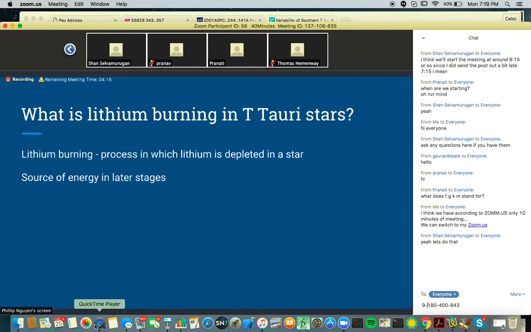So lithium is brought from the surface down to regions close to the core where the temperature is high, and then lithium is depleted. After several millions of years or hundreds of thousands of years, depending on which stage we are looking at, the lithium in the surface is depleted.